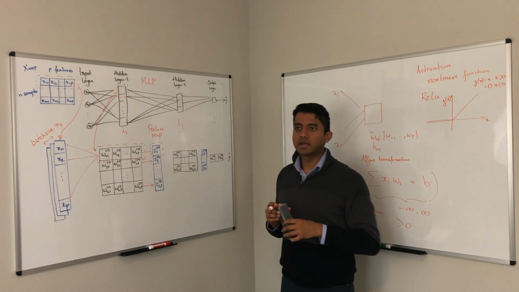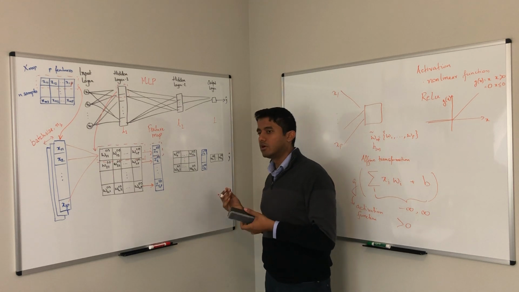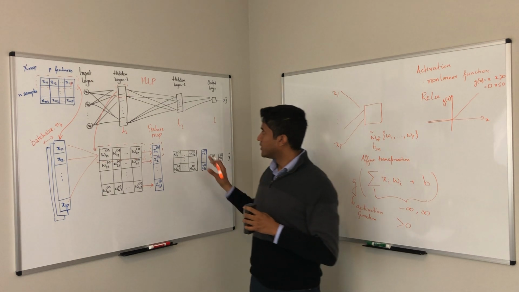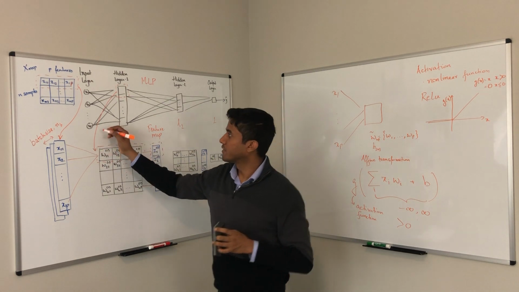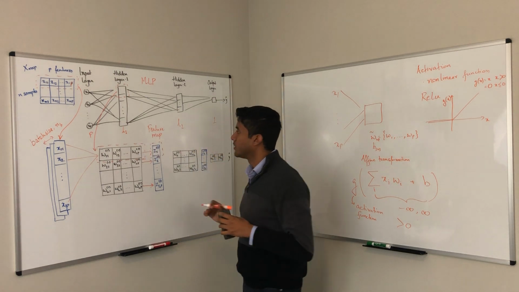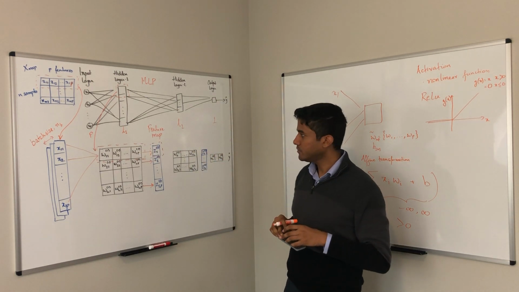Here we are assuming the output to be of single dimension, so the output layer is of size 1. So input is of size P, hidden layers L1, L2, and output of size 1.